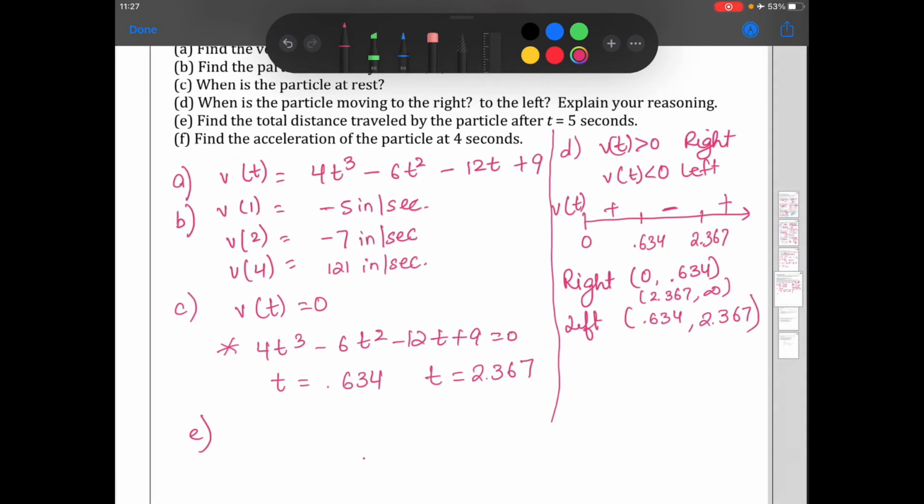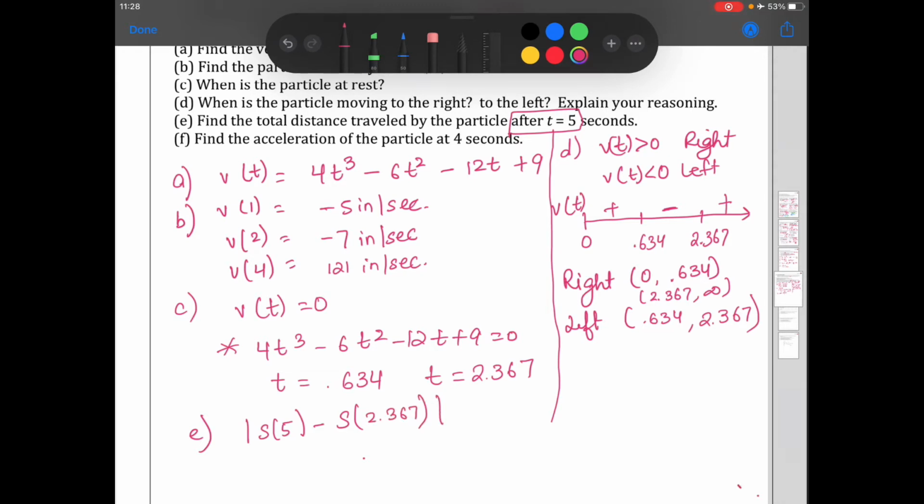Part E. It's asking us to find the total distance traveled by the particle after, be careful, after t equals 5 seconds. So basically I am going to find the absolute value of displacement wherever I'm changing direction. So I'm going to do s of 5 minus s of 2.367, right?